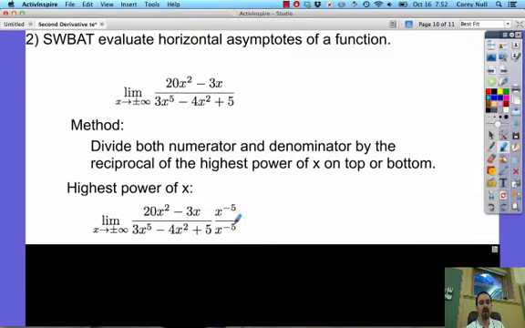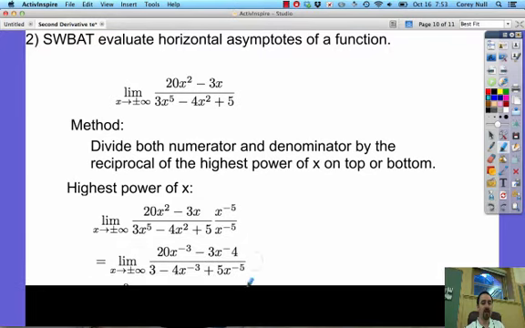Okay, what that does, this is the number 1. And it's legal to do this because the limit is going to positive and negative infinity, which means it's never 0 divided by 0, so this is a legal maneuver. And let's simplify a little bit. If I distribute this through, I'm going to get 20 over x to the third, or 20x to the negative third, minus 3 over x to the fourth, which is the same as 3 times x to the negative fourth.